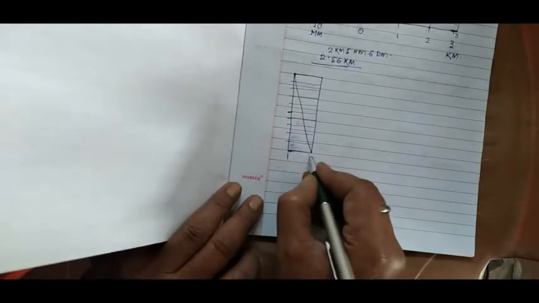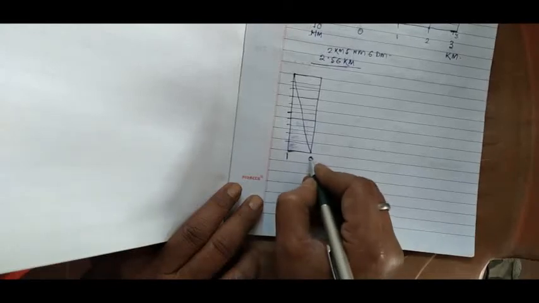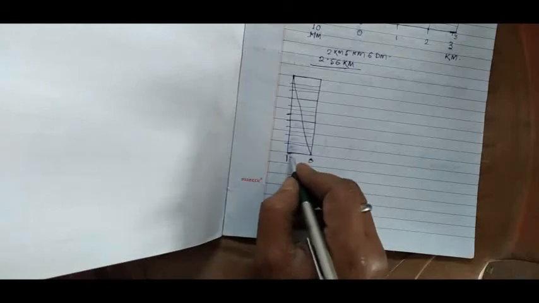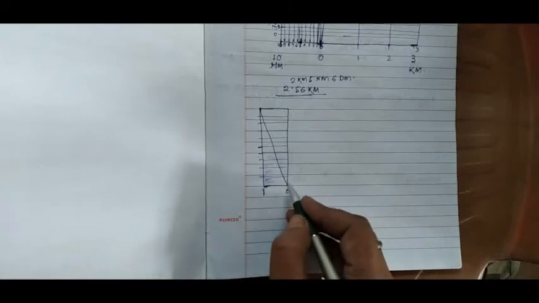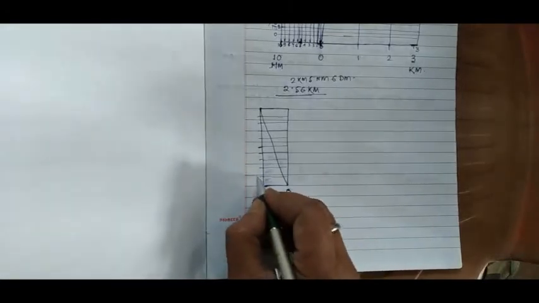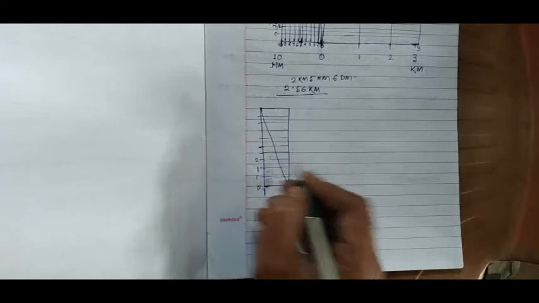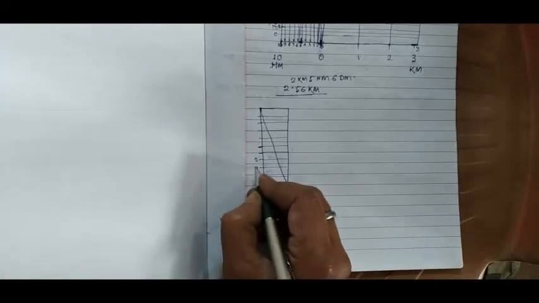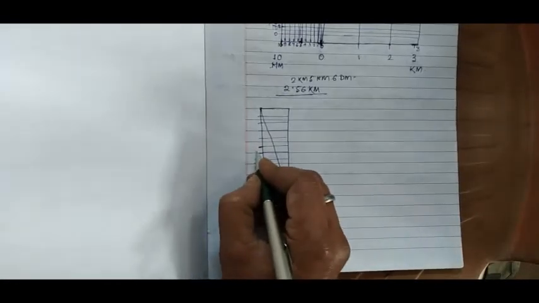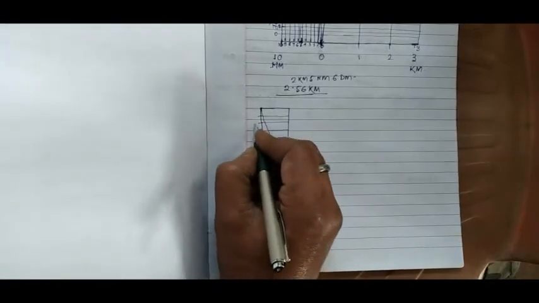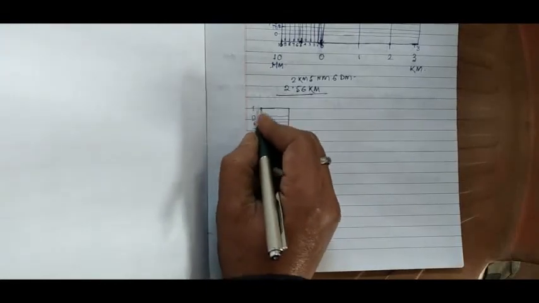Here 0 to 1, suppose from here to here is 1 hectometer. Measuring from 0, in this diagonal scale, we have 1 division, 2, 3, 4, 5, 6, 7, 8, 9 and 10 divisions.